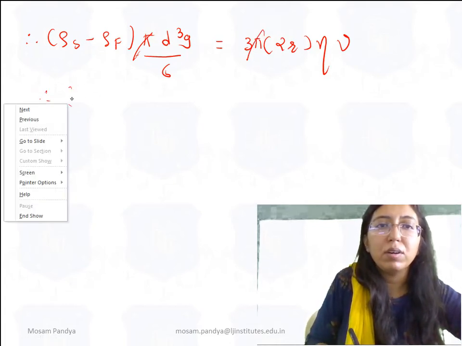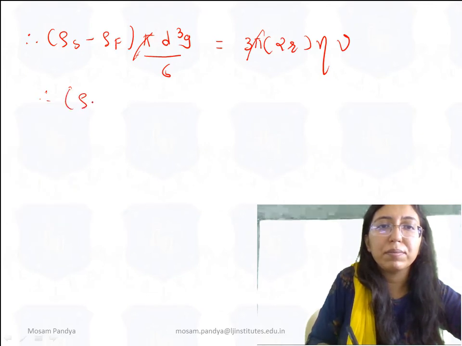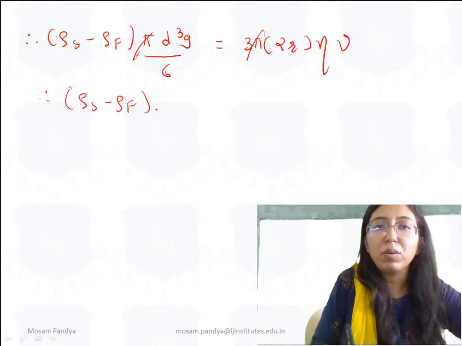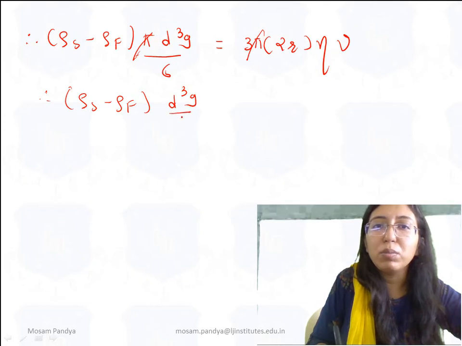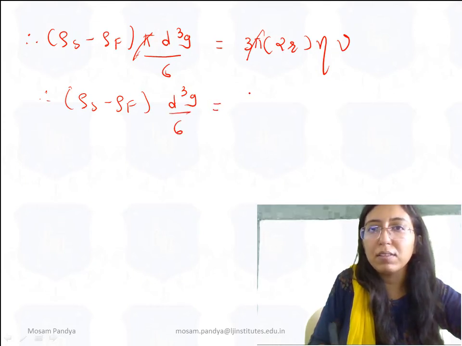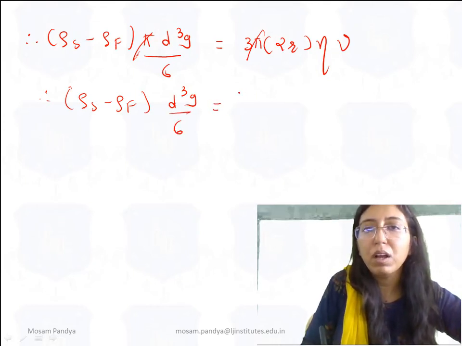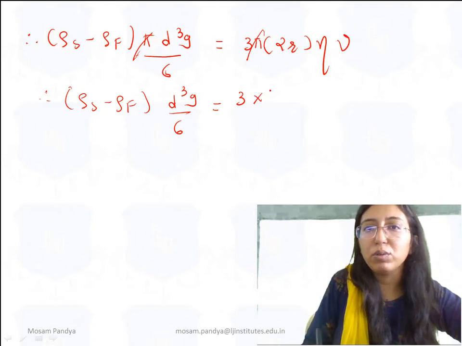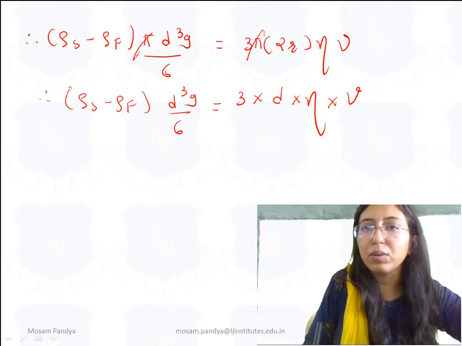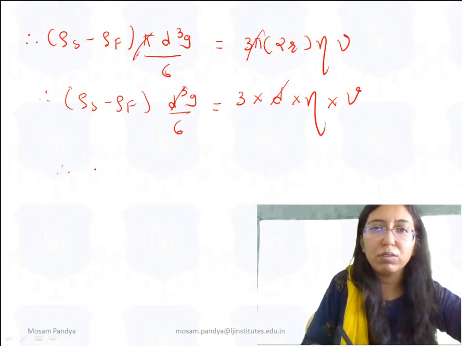And we know that rho s minus rho f into d cube g upon 6 is equal to 3 into 2r, that is diameter d, into eta into v. One d cancels out.